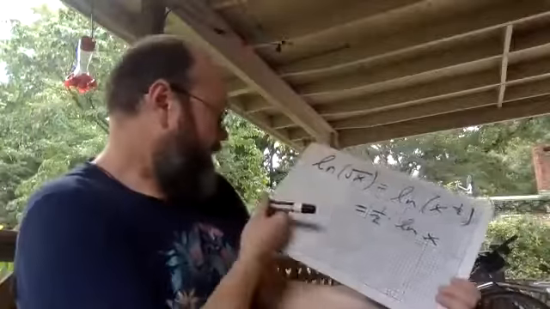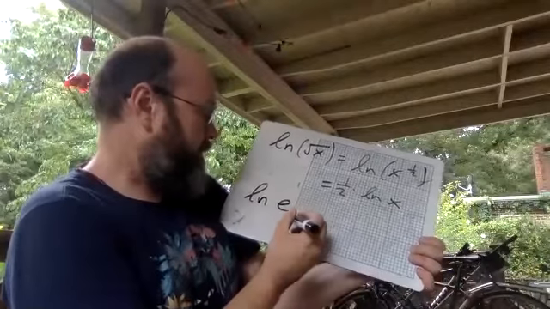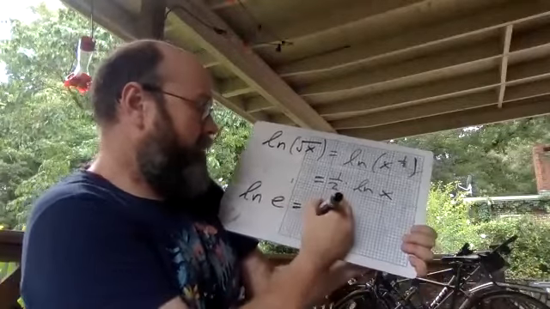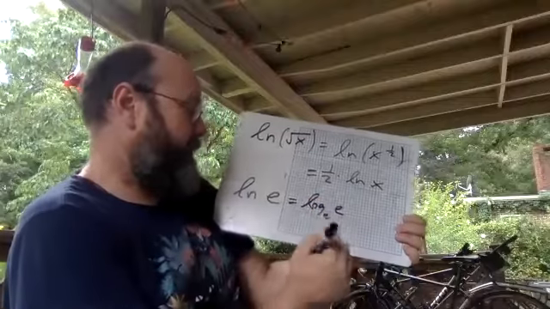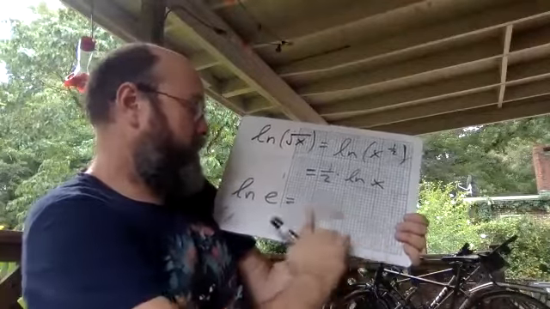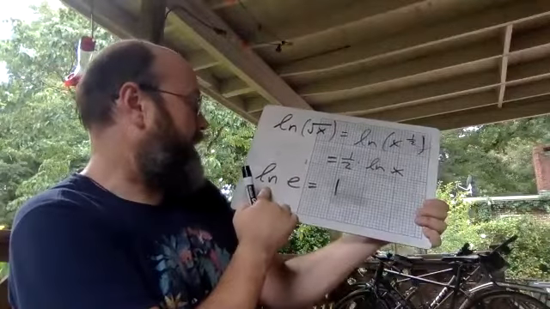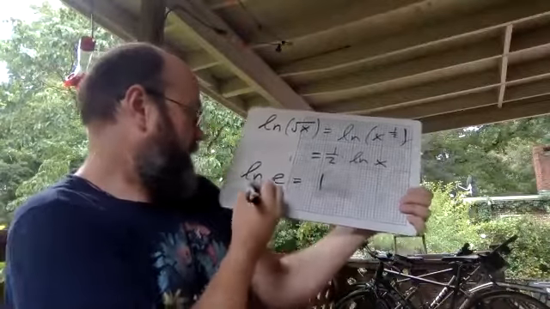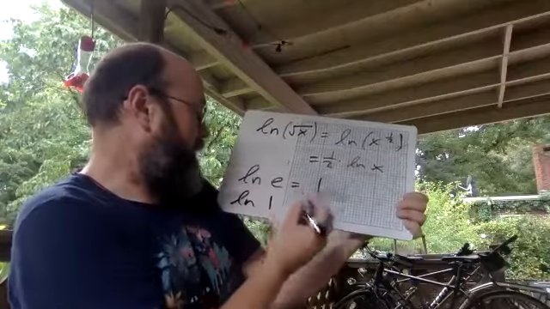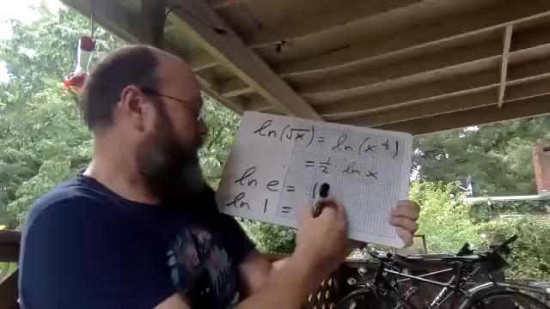Let's see a couple of other things. The natural log of e is the log base e of e. That's like the definition: e to what power equals e? Well, of course, natural log of e is 1. And that goes for the log in any base of the base. And we have that the natural log of 1, e to what power equals 1? Well, it's 0.